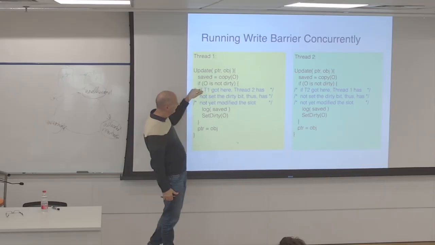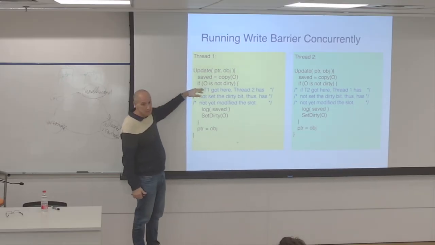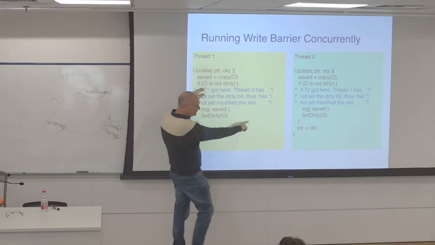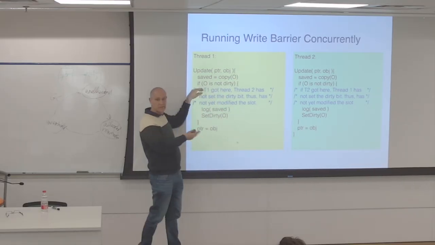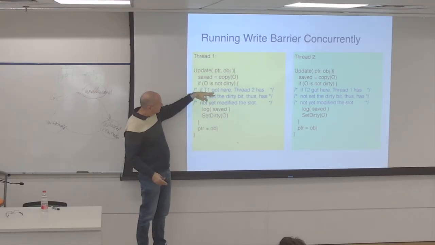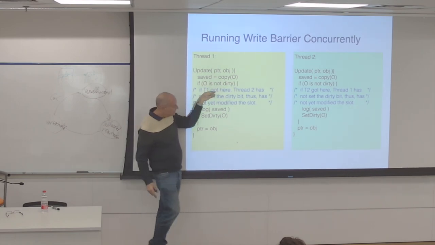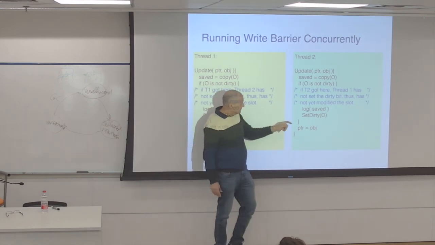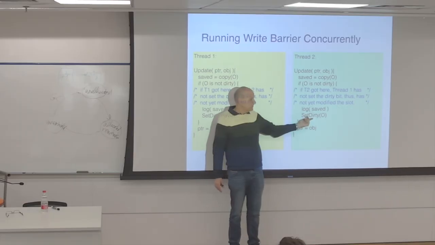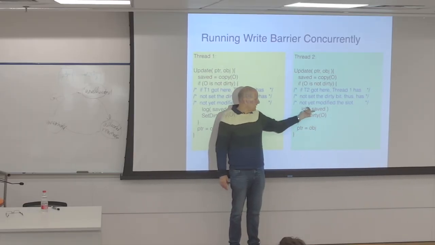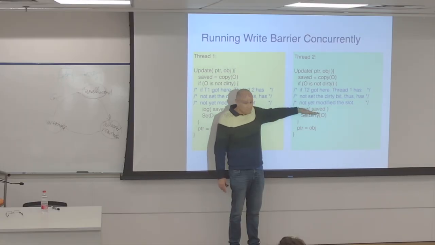If a thread is here and sees that it's not dirty, then what could the other thread do? Once the thread T1 got here and saw that the object is not dirty, the other thread could not have been here. So when it checked the if, the other thread could have been here, not after the dirty.